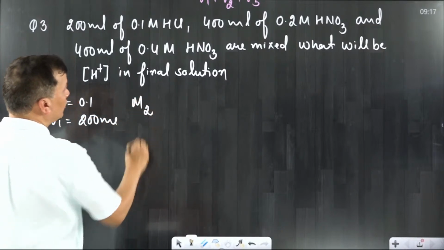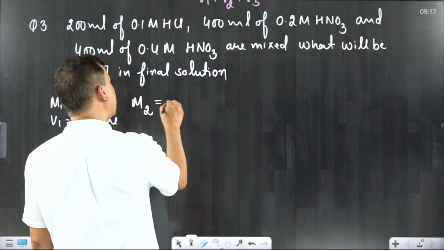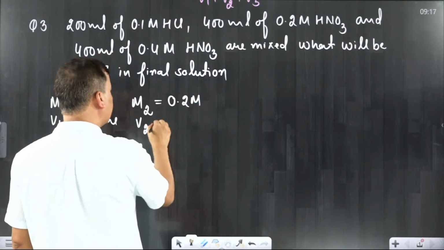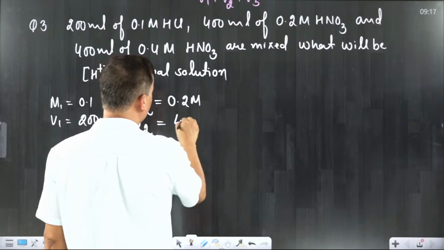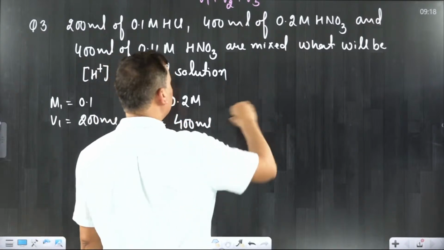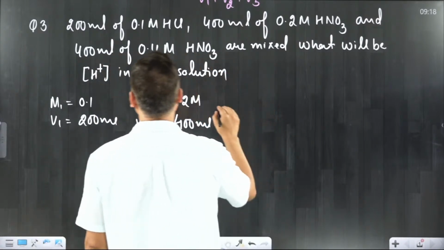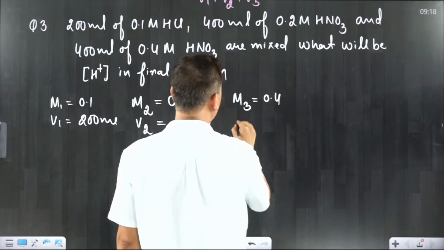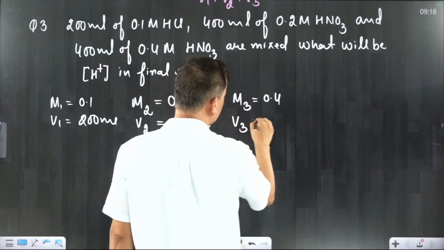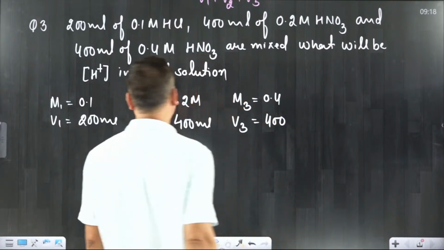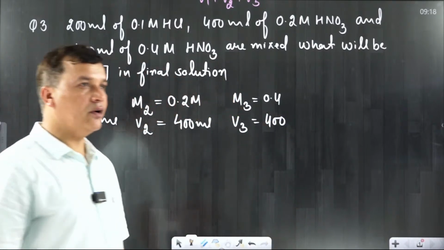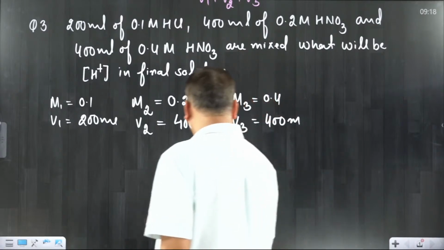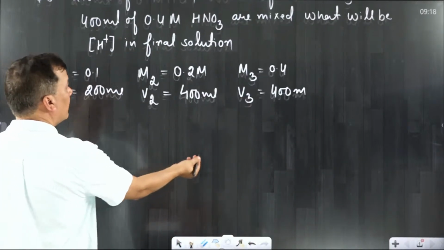M2 is equal to 0.2 molar and V2 is equal to 400 ml. The third one is also nitric acid. M3 is 0.4 and V3 is also 400 ml. So confirm, is that clear or not? How many solutions do we have here? We have 3 solutions.